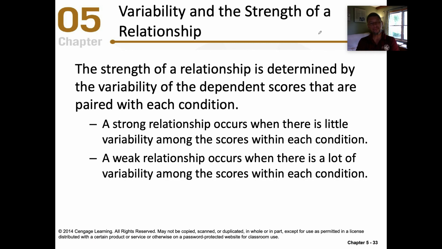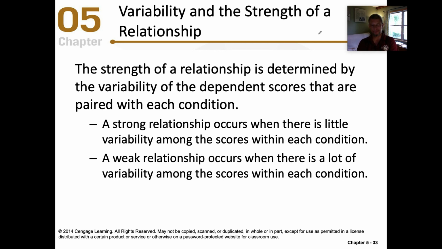When you collect a data set, essentially, the data is stronger if most of the points in that data set are close together. In other words, if there's very little variability. The larger that variability, the weaker the relationship becomes.